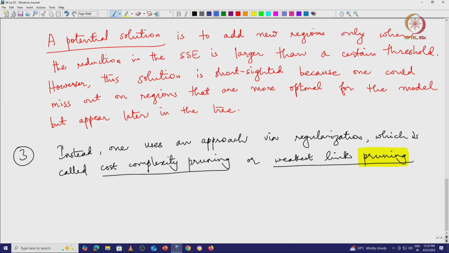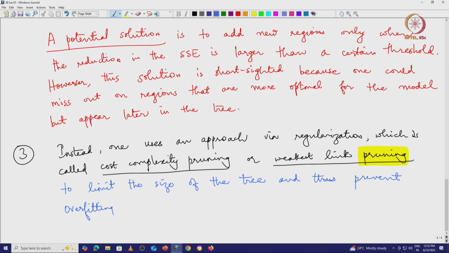So this pruning is done to limit the size of the tree and thus prevent overfitting. Okay, so that is what we want to do here.